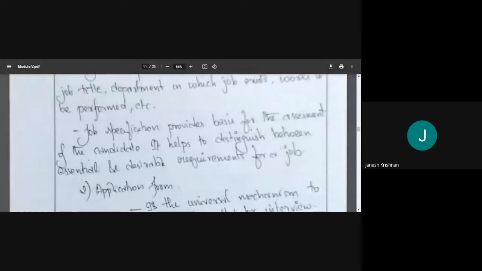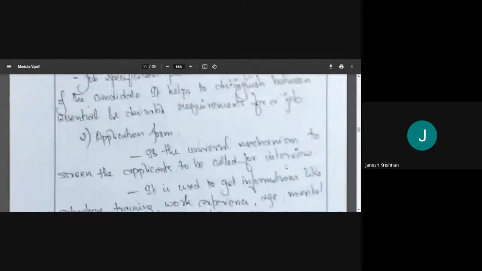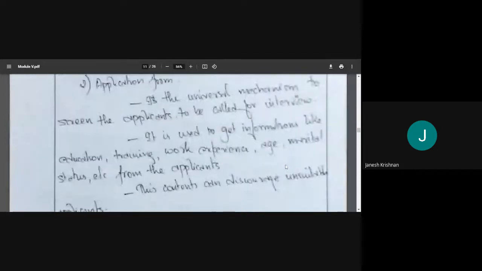Once we have prepared the job description and job specification, then we put out the application forms. The application form is a screening mechanism globally. The application form will collect all the required data. We know what the requirements are, the personal requirements from the job analysis. Whether this person has these qualities or satisfies these requirements can be identified from the application form.